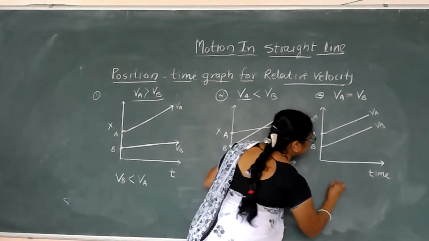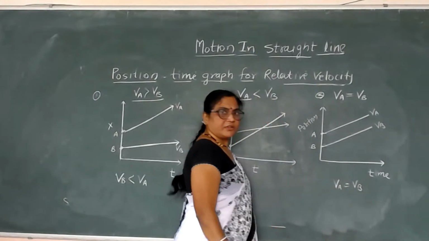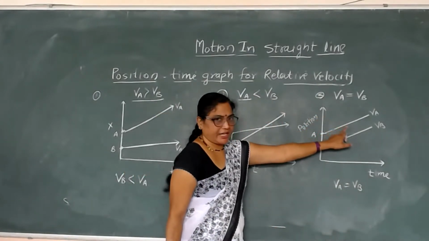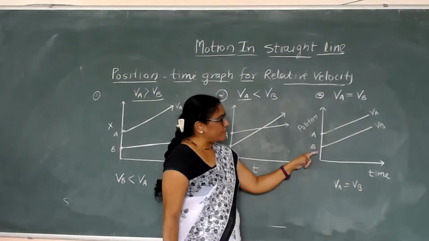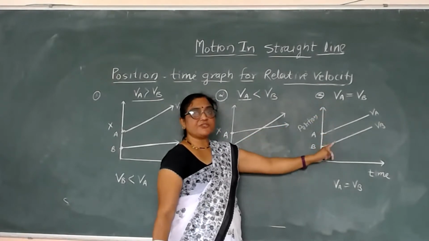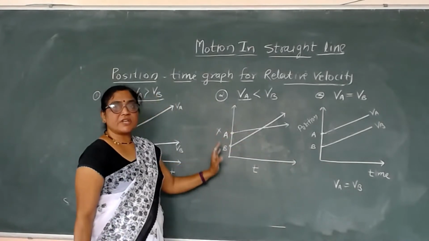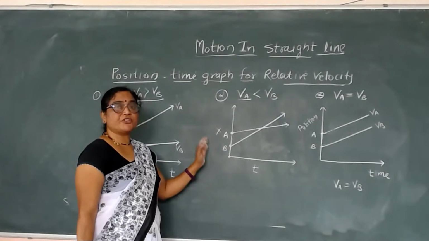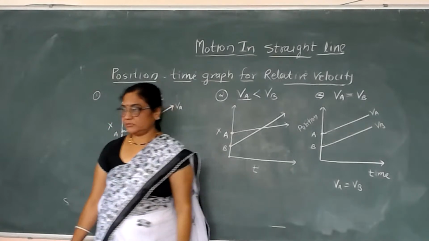So here the velocity of A is equal to the velocity of B. This graph shows the velocity of A is equal to the velocity of B. So in this graph, the velocity of both objects is the same, meaning the rate of change of displacement is the same. So these are the graphs related to relative velocity, or the position-time graphs when objects are in motion.